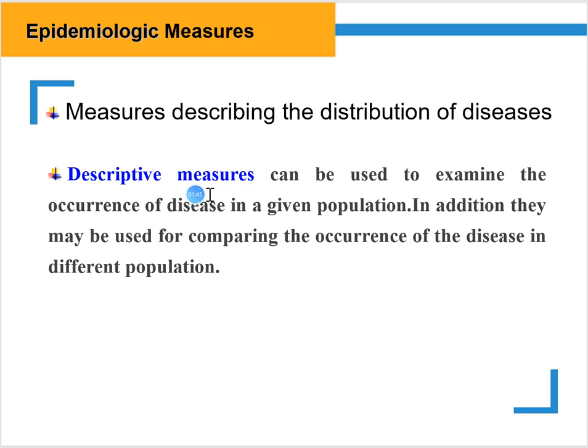And then, how to describe the distribution of disease, that is, what measures can be used to describe the distribution of disease. Some descriptive measures can be used to examine the occurrence of disease in a given population. In addition, they may be used for comparing the occurrence of the disease in different populations.